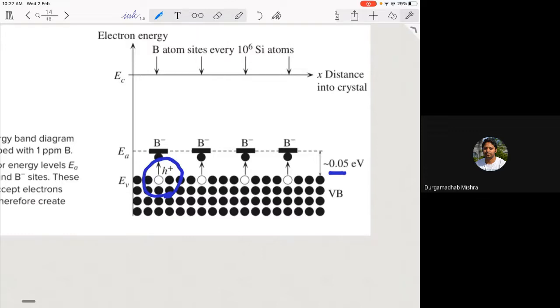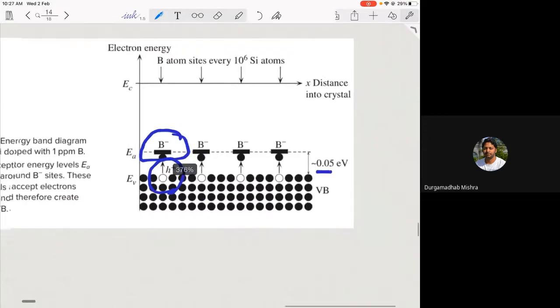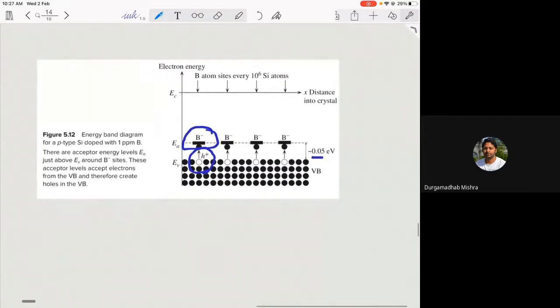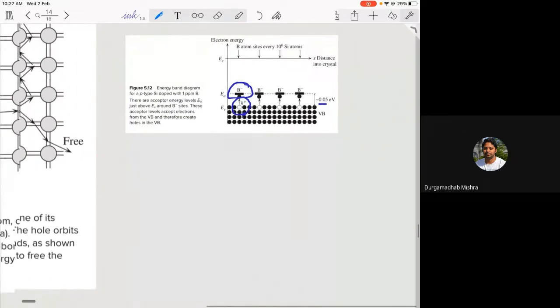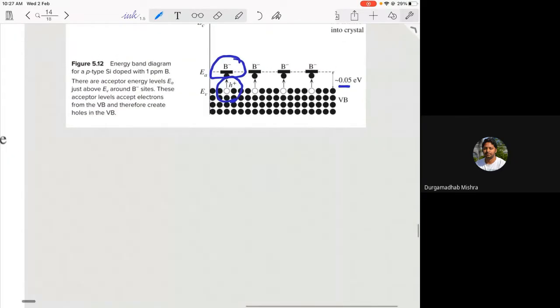Anyway, this boron will be an immobile charge. It's an ion, so it will stay there. It's a localized ionic state, and you only create these hole states which are mobile. Okay, so the same discussion we had for the n-type semiconductor holds good here.